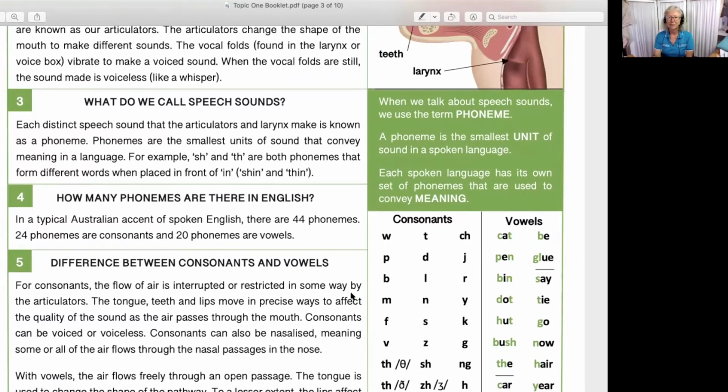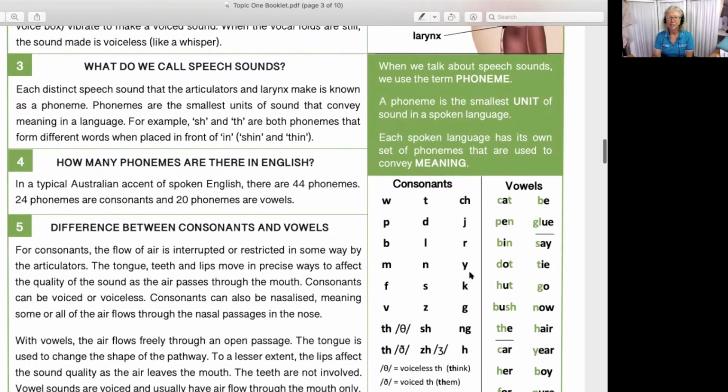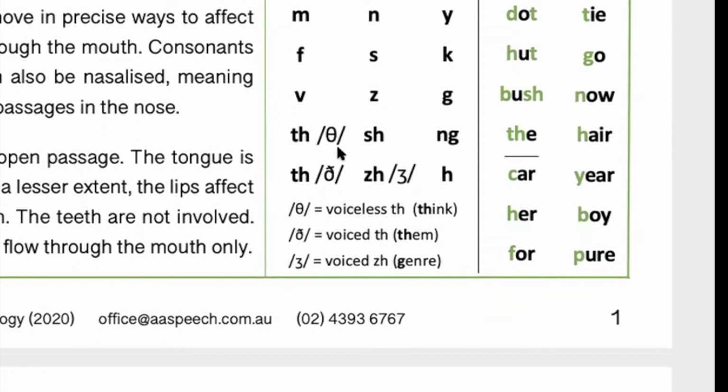And down the side here, we've got the consonants listed and the vowels listed. And the first little thing we're going to look at is, I've used some symbols here. For the TH, which is voiceless, I've used a theta. And for the TH that's voiced, I've used this little symbol that looks a bit like a backwards 6 with a cross.